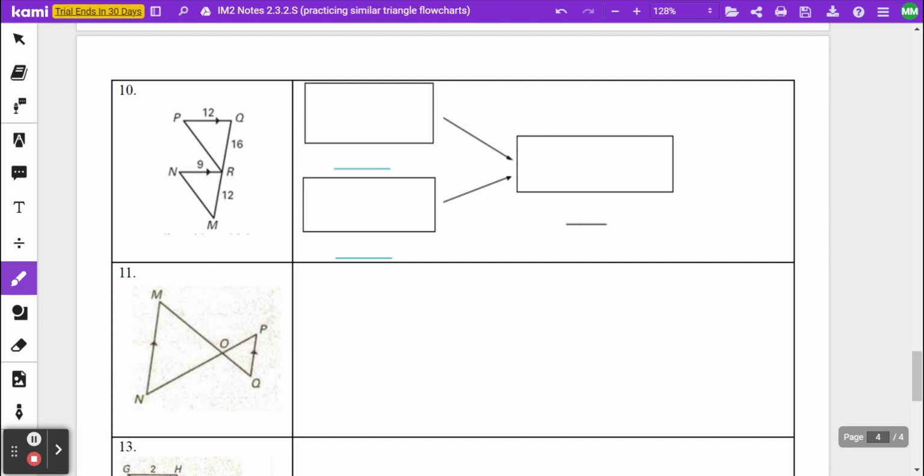Okay, let's see. Assuming these are triangles, these triangles are similar. I have triangle PQR is similar to, okay, I have corresponding angles, so I know what order to go in, right?